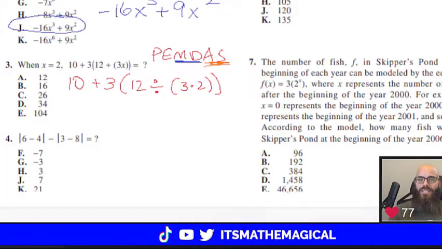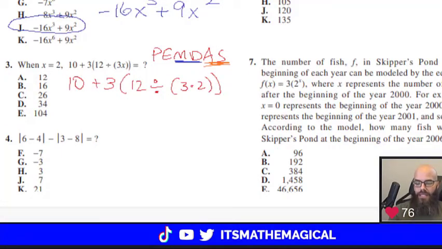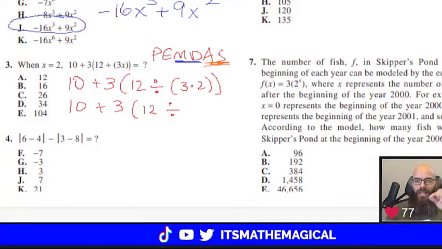So go inside your parentheses first. Now notice I have parentheses inside of parentheses. Therefore, in this case, we're going to say 10 plus 3, open that parentheses, 12, divided by, now, yes, this division comes before the multiplication, but there's a 3 times 2 inside of a parenthesis, so we do need to take care of that first, and that is 6.